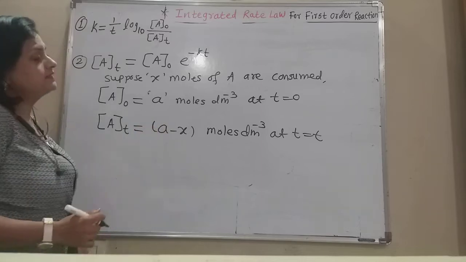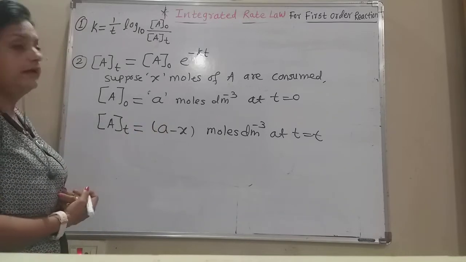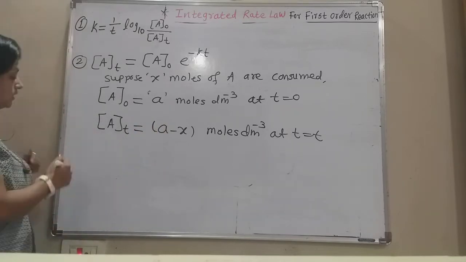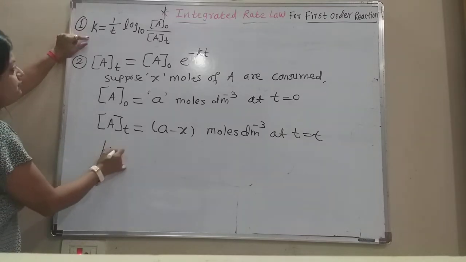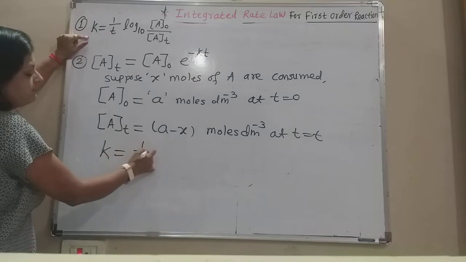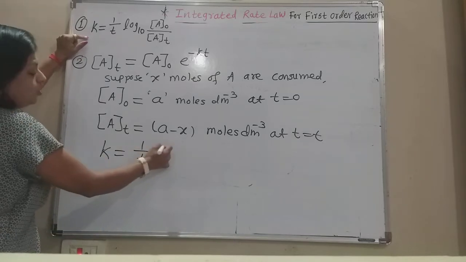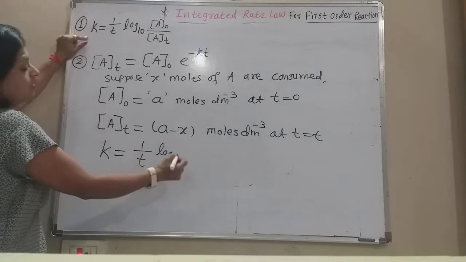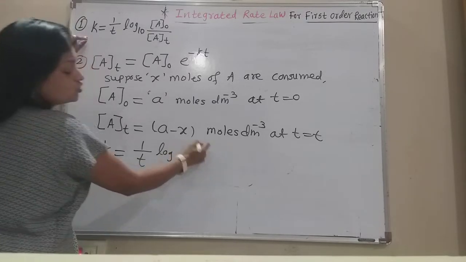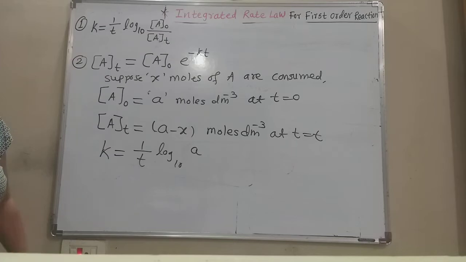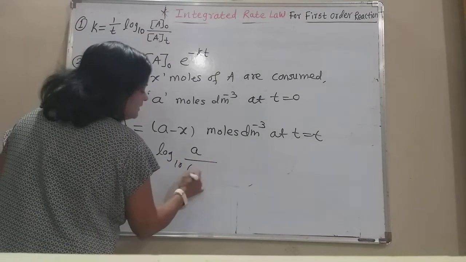Now what is the rate law? The third form of the rate law is given from this. k is equal to 1 divided by t log to the base 10 of a divided by a minus x, where a moles is the initial concentration.